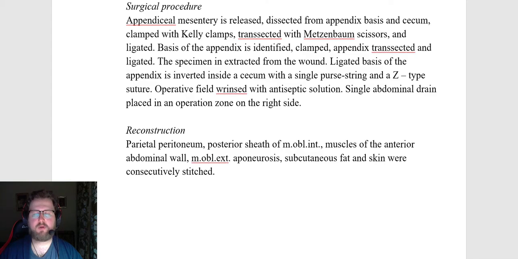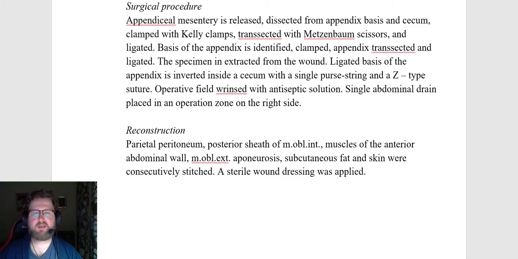And after you've completed the reconstruction, you must point out that a sterile wound dressing was applied.